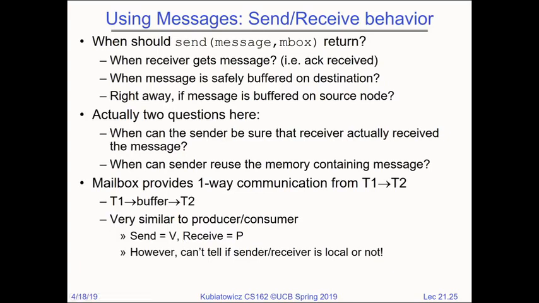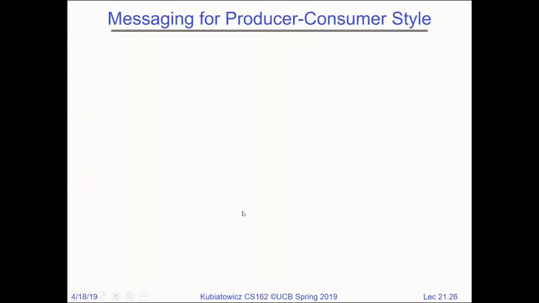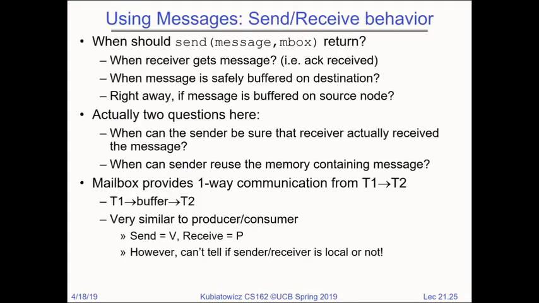In this case, you can't really tell if the sender or the receiver is local or not. You could have a mailbox that sent a message from a thread in one process to a thread in another process through a Unix socket, and it never left the node. That behavior wouldn't be any different, as far as the programmer can see, than going all the way over the network, except for time.